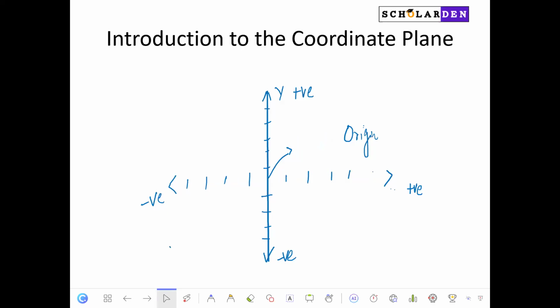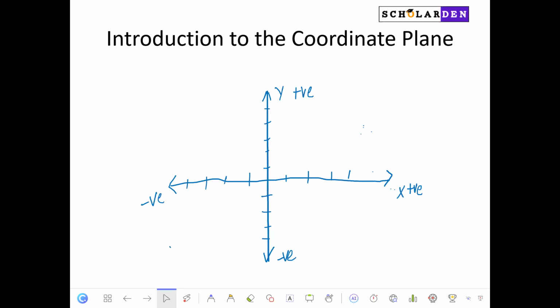Let me quickly redo this again. All right, this was our x-axis. The important thing is that the intersection of these two axes makes the Cartesian plane, with two axes, the x-axis and the y-axis.